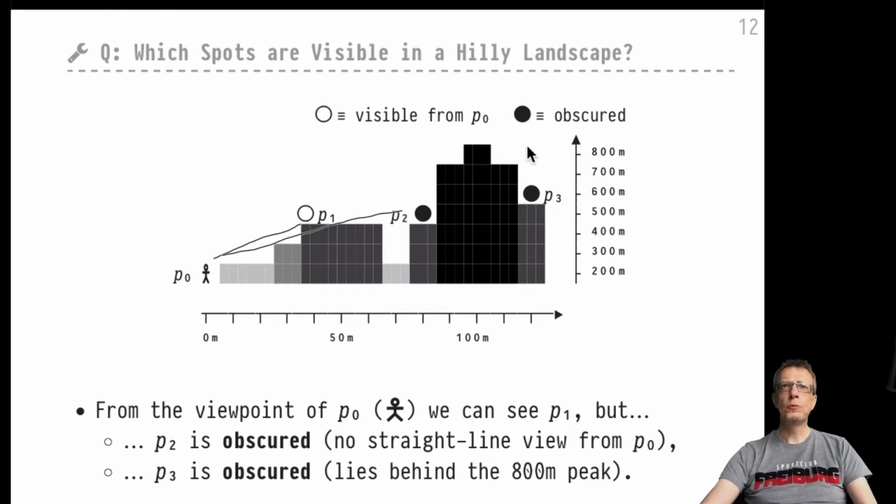Right, so the distance in this hilly landscape is measured from point P0 on. So we would be at position 0 meters here, and the x coordinate would ascend to the right here. So that peak is actually found at a 100 meter distance from our position P0.